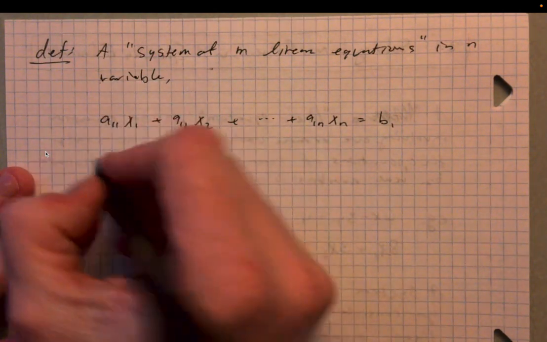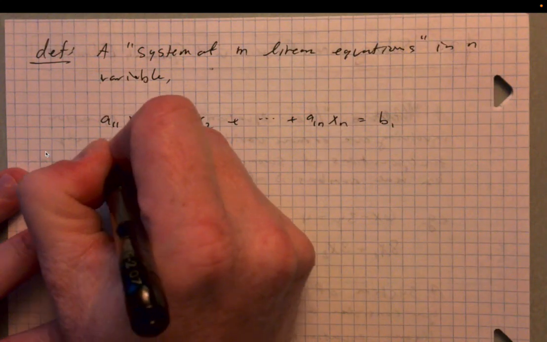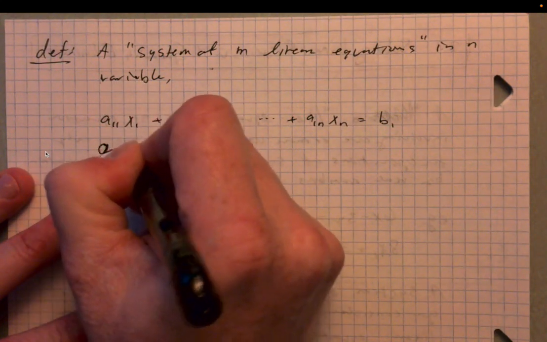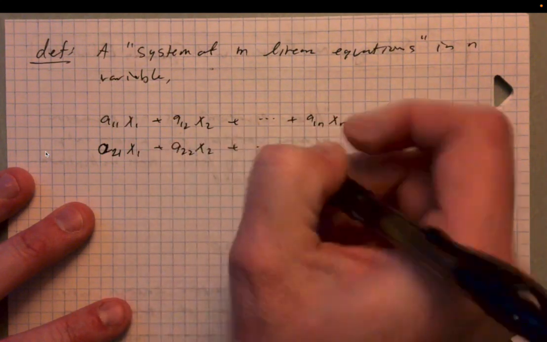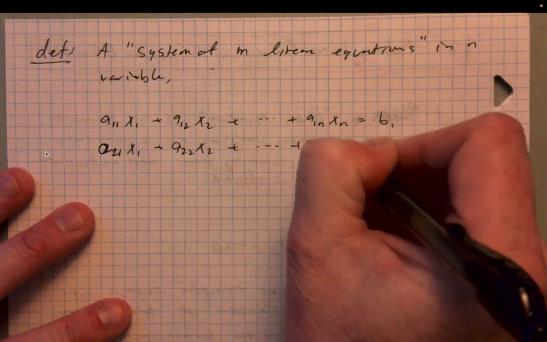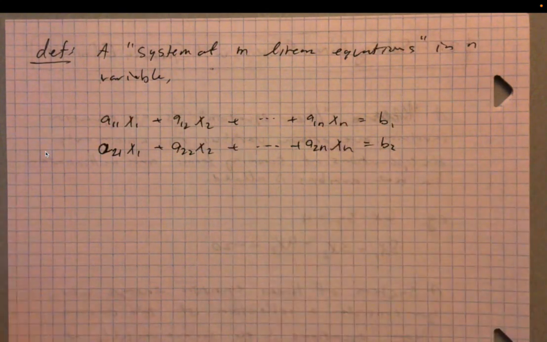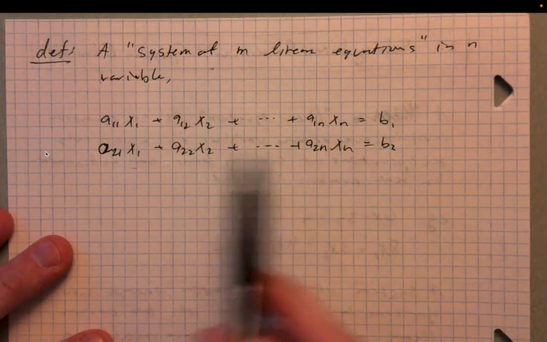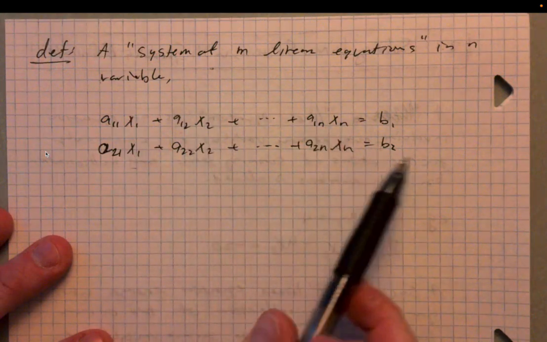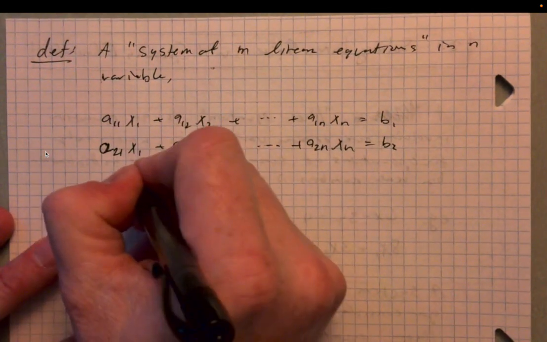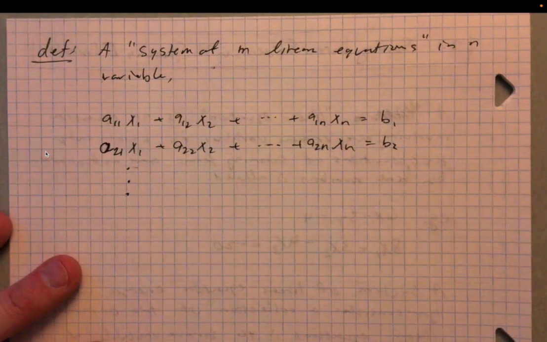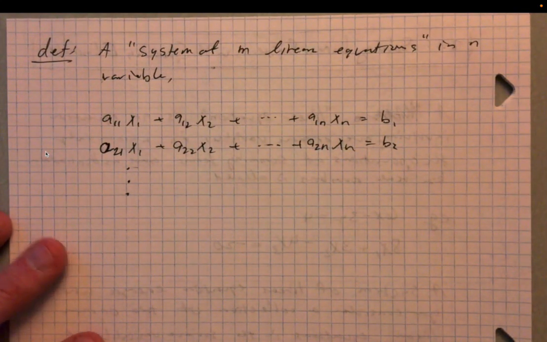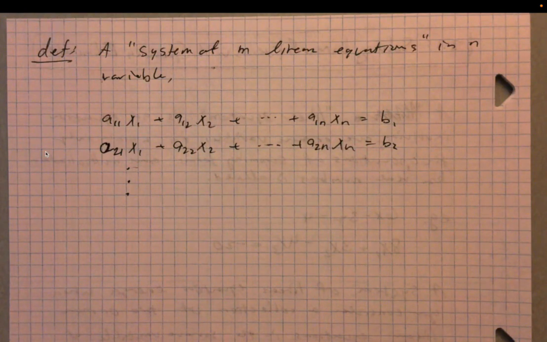The second equation could be written like this: a21 x1 plus a22 x2 plus ... plus a2n xn equals b2. Again, you've got the same number of variables, x1, x2, up to xn. Then this would go on for how many rows would I have in this system? How many equations? m.